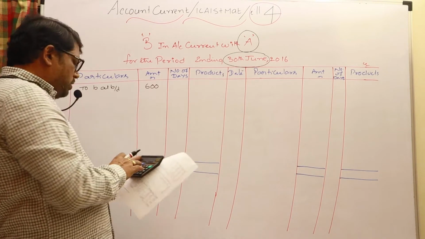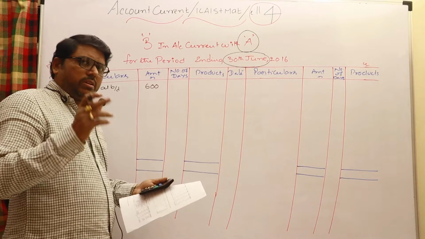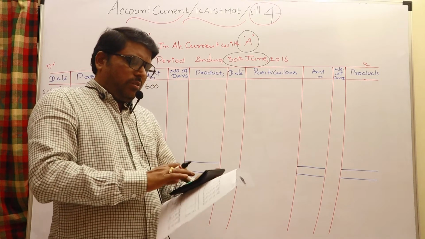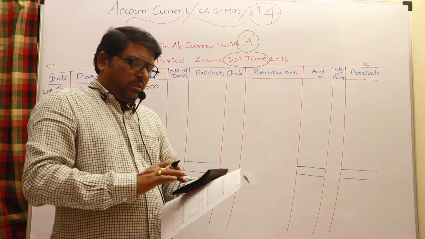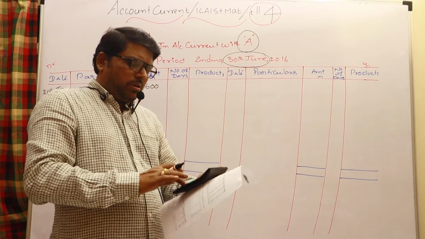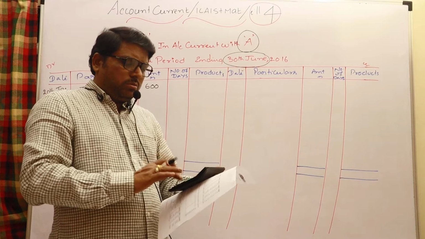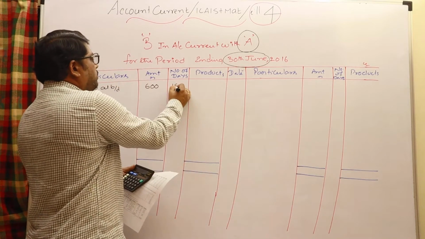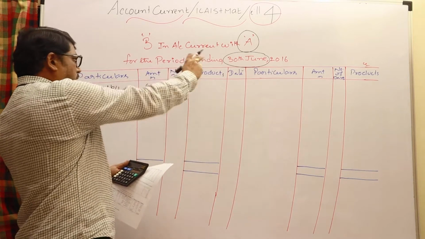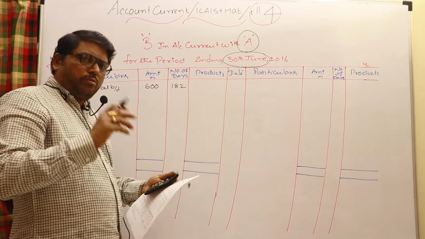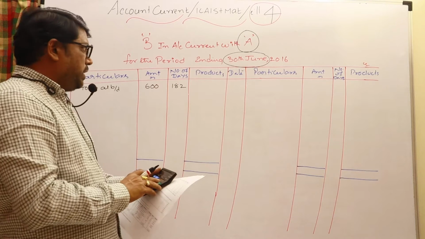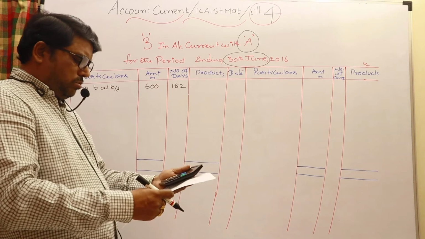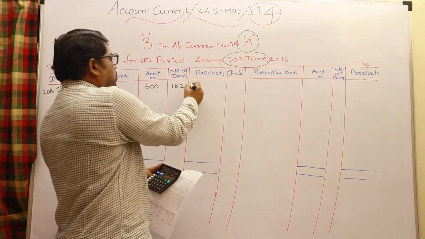January 31, including January 1st also, February 29, next March, April, May, June. So the total number of days is 182. So 600 into 182, the resulting product is 1,09,200.